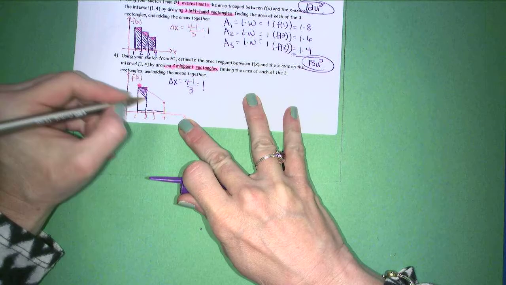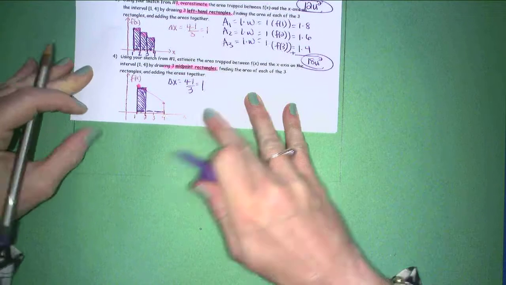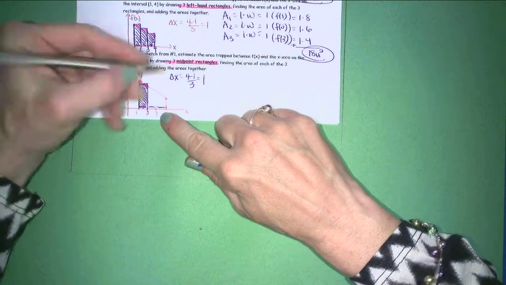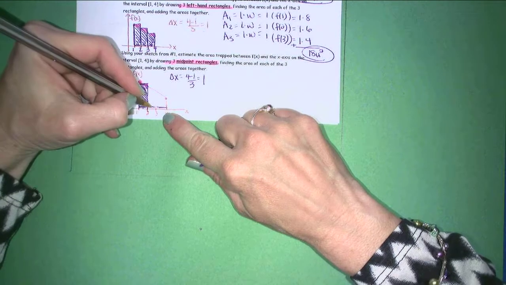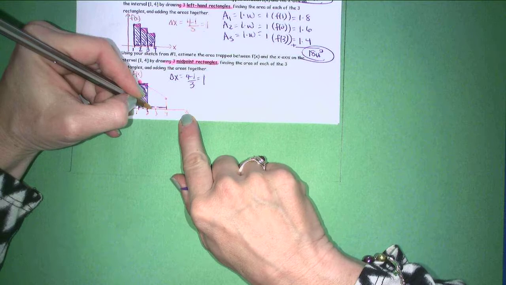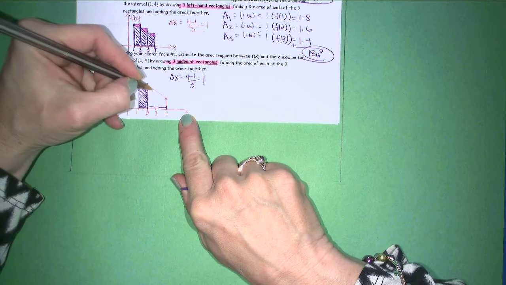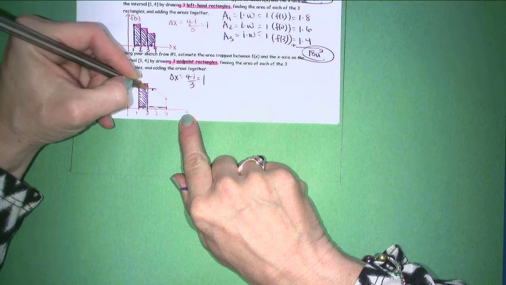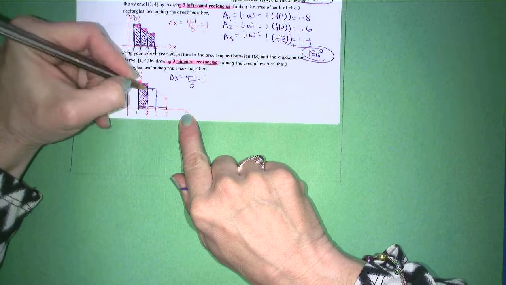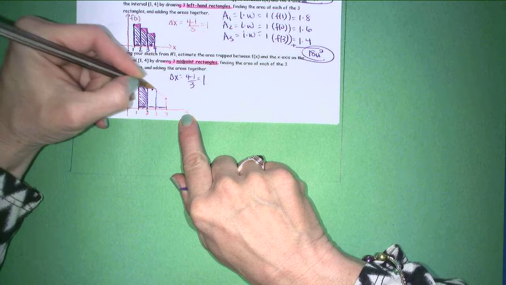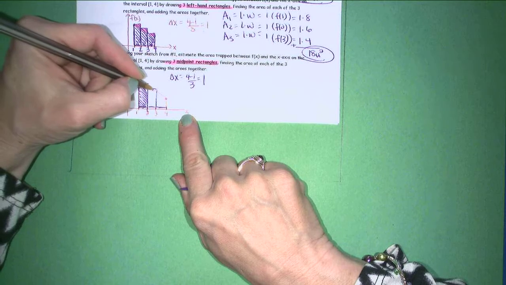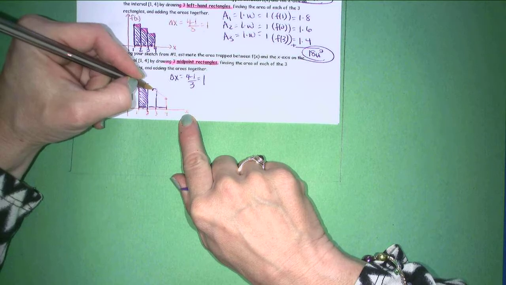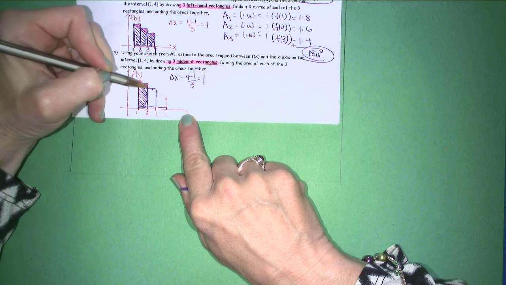Okay, so then between 2 and 3, I'm going to not go to 2, not go to 3, I'm going to go to 2.5. Midpoint, come up, evaluate the function's height, get it right there. So it's the middle of the top side of your rectangle that's touching the actual function. Not the upper right corner, not the upper left corner, but the upper middle.